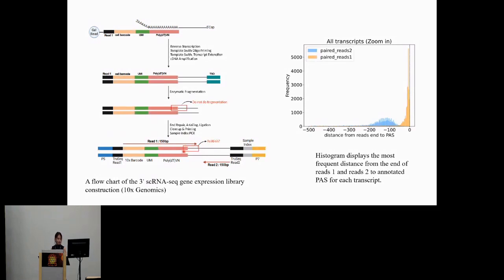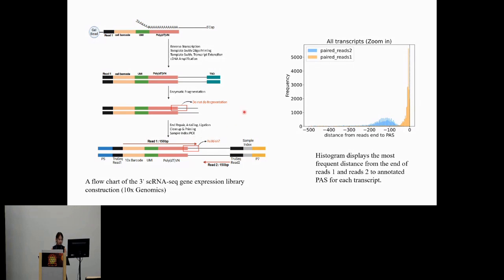That is because some labs or companies sequence the actual cDNA in Read 1. We suppose that this actual cDNA in Read 1 is a good material to detect the polyadenylation site.